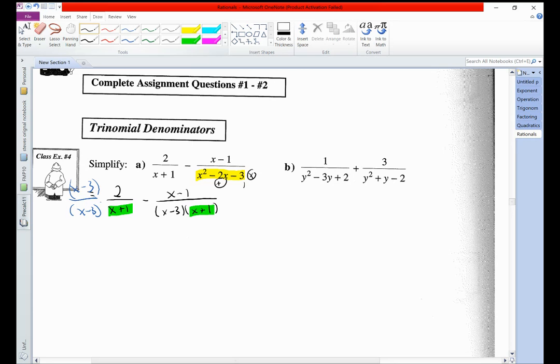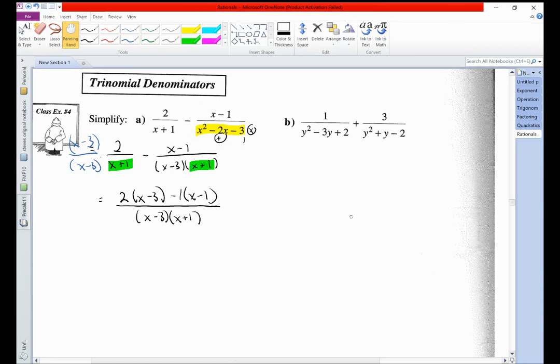So when I do that, I can write this whole thing over the common denominator of x minus 3, x plus 1. And now in the first term, I have 2 multiplied by x minus 3 minus x minus 1. And remember that there's that imaginary 1 here that's going to factor into that binomial and change the signs of the terms.